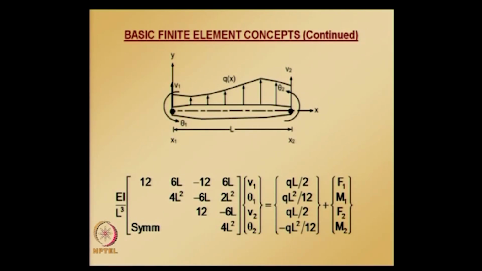and at node 2. So in today's class we will be using the equations we derived and try to solve some problems. Before doing that, let me tell you, once we get v1, theta 1, v2, theta 2 by solving this equation system, we can do post processing, that is, we can find displacement at any point along the beam length.